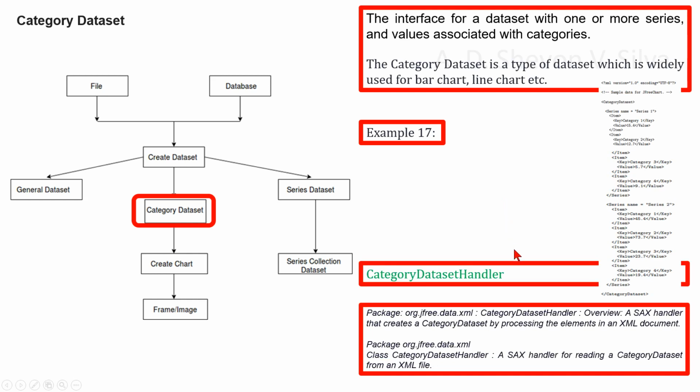CategoryDatasetHandler in package org.jfree.data.xml. Overview: a SAX handler that creates the category dataset by processing an element in an XML document. Class CategoryDatasetHandler in package org.jfree.data.xml, a SAX handler for reading a category dataset from an XML file.